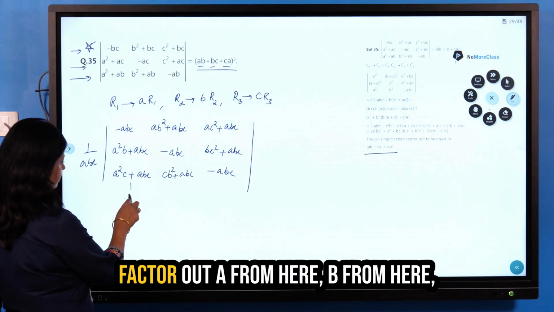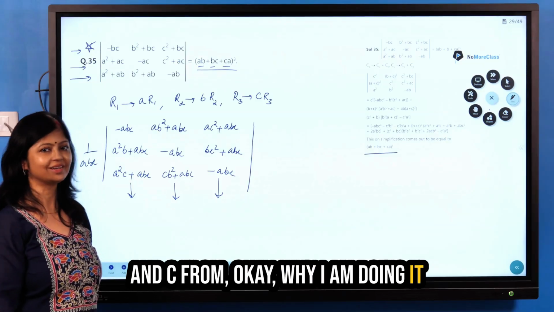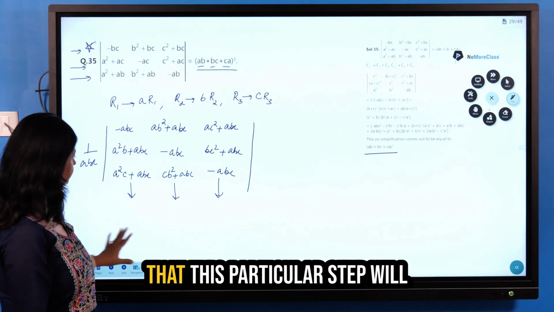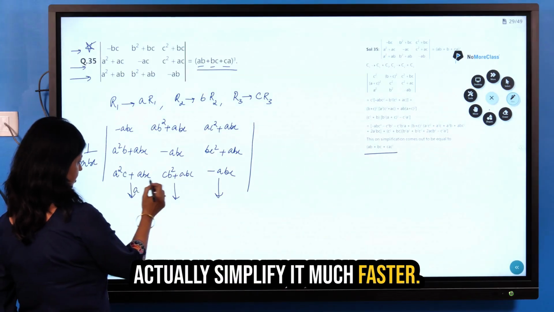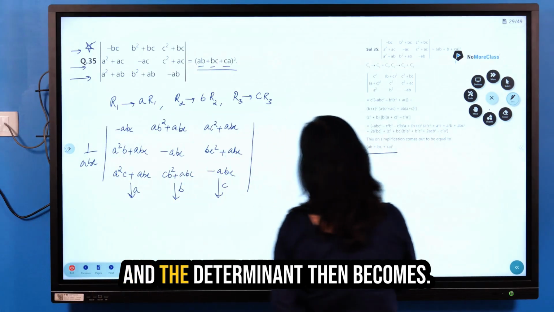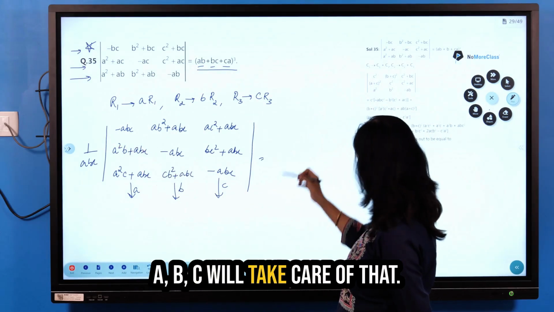Now I'm going to factor out A from here, B from here, and C from here. Why am I doing it? By practice, we will understand that this particular step will simplify it much faster. I am going to factor out these things, and the determinant then becomes, because ABC has come out, ABC will take care of that.